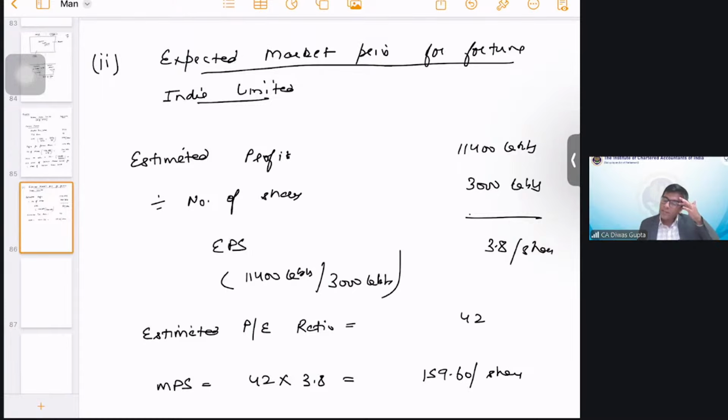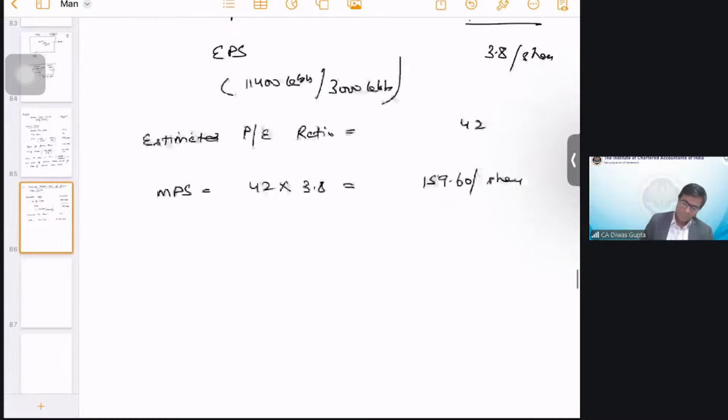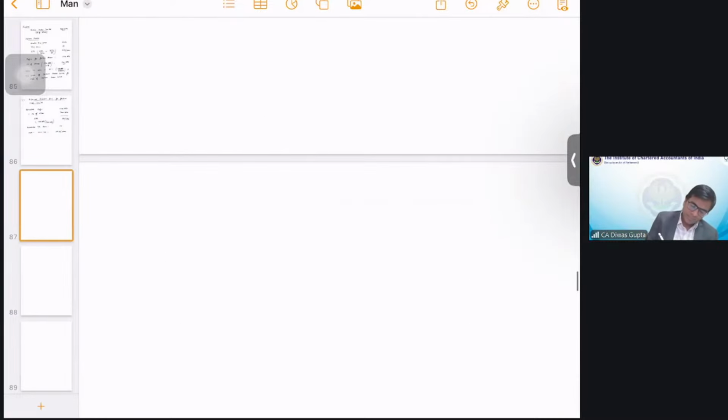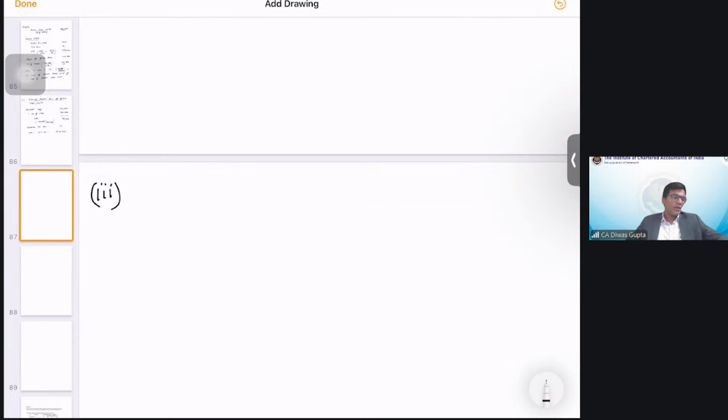And then lastly, what is their respective book values is what we will compute now. Computation of book values.